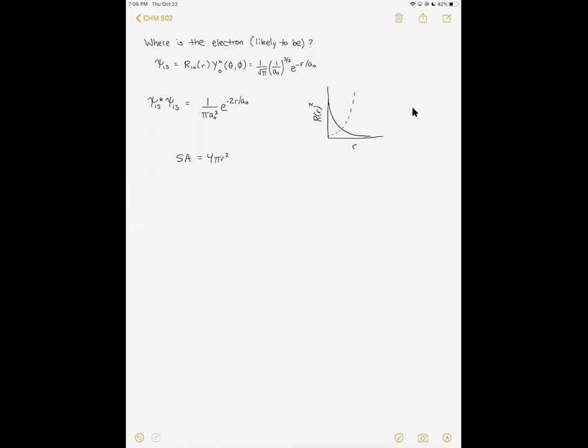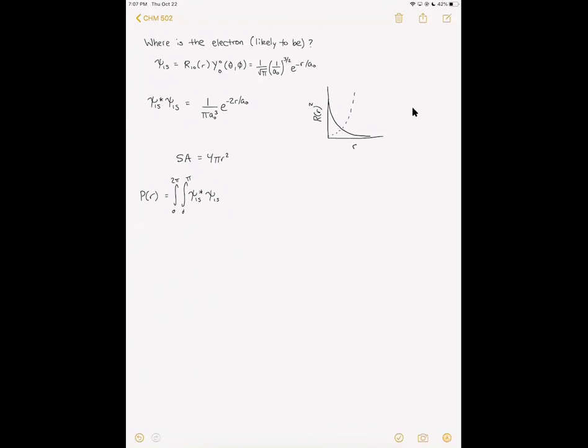And how do we find that? Well, to find that, we take this probability distribution function. We're going to integrate over all of our angles, so we have the integral from 0 to 2 pi, and then the integral from 0 to pi. And then we have, again, our psi star psi. But what we have is the volume element for integration.